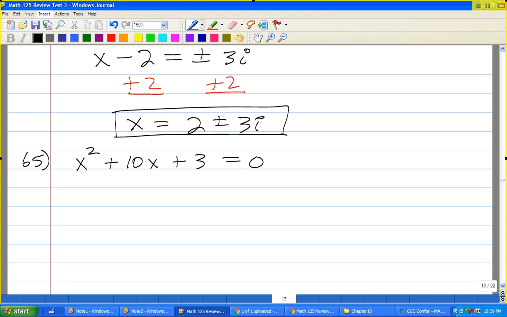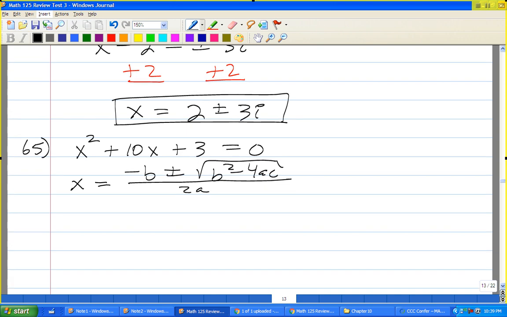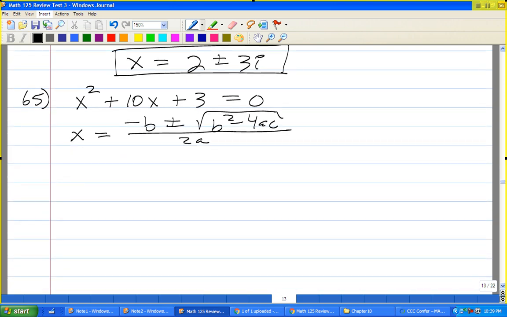So it's already written in the correct form, so I can just use the quadratic formula right off the bat. So I have the quadratic formula, x equals negative b plus or minus the square root of b squared minus 4ac all over 2a.